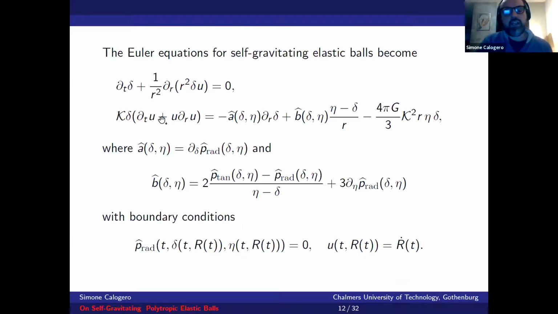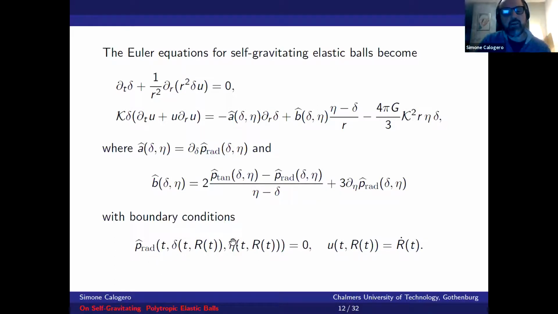Then in this equation here, I define A hat as the derivative of the radial pressure with respect to the density, and this function B is this long expression in terms of the tangential pressure and the radial pressure. So in the fluid case, this B is equal to 0. This is the new term which appears because we are studying an anisotropic material, and the boundary conditions are just the same as before.